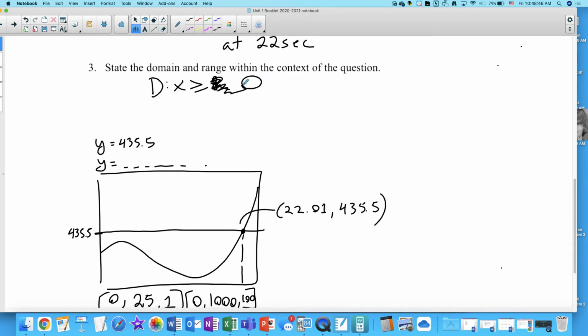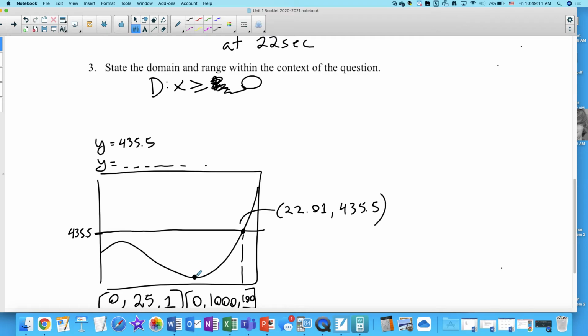But if you look at the graph, we actually don't see any distances go below this point. That's the minimum distance. So we actually have to find that point to be able to determine the range.